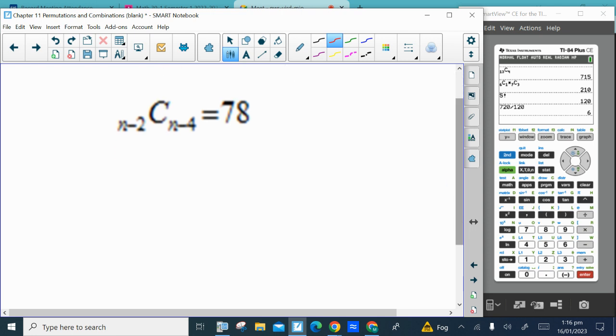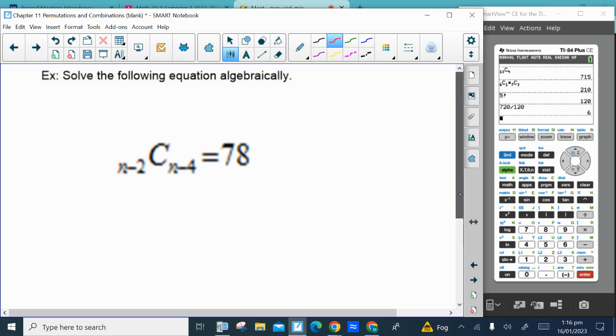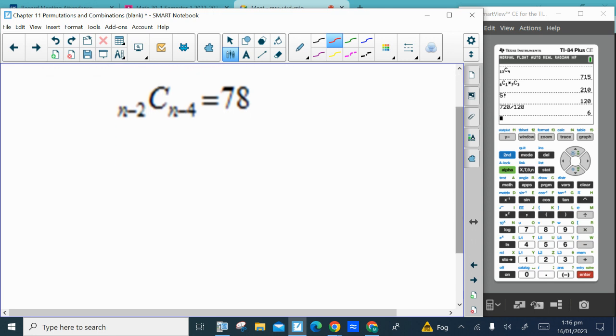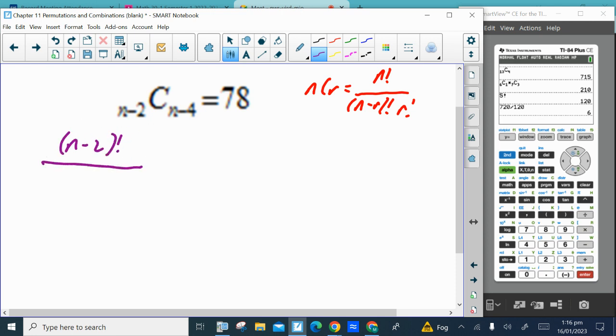Let's do this one. Solve this algebraically. N minus 2 C n minus 4 equals 78. So if we use the NCR formula again, it's n factorial over n minus r factorial times r factorial. This will give us n minus 2 factorial. So that's the n factorial part.